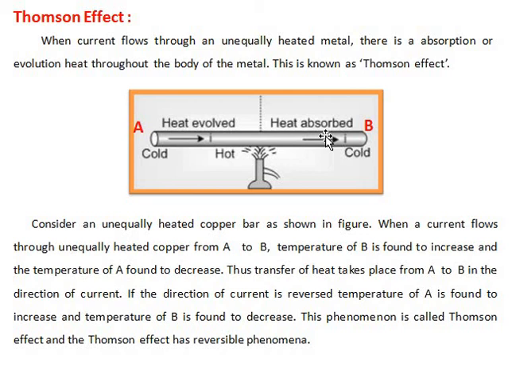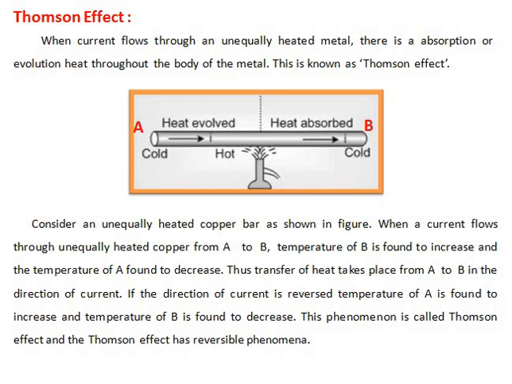Now the heat is not flowing in the direction of current, it is flowing in the opposite direction of current. Current is flowing from A to B, but the heat transfer takes place from B to A.